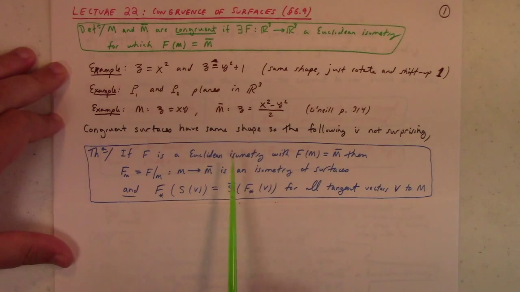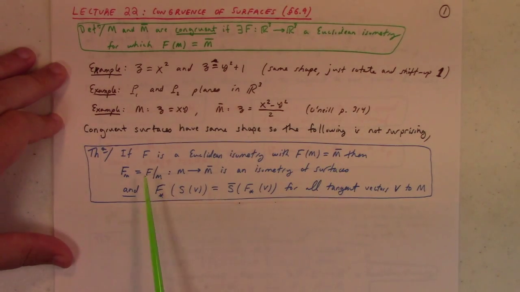If f is a Euclidean isometry with f of M equal to M bar, then if you take the isometry and restrict it to the surface M, that gives you an isometry of surfaces. Furthermore, the push forward of the shape operator is the shape operator of the push forward in this way.